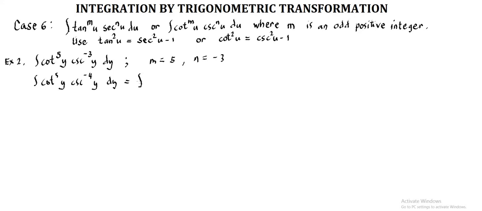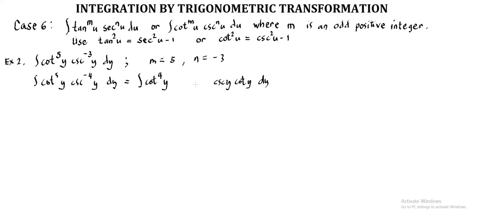So, ang hint, maglalabas tayo o magpa-factor out tayo ng isang cosecant of y at saka ng isang cotangent of y. Lalabas natin isang cosecant of y, cotangent of y dy. So, dito sa cotangent, matitira nito ng cotangent to the 4th of y.